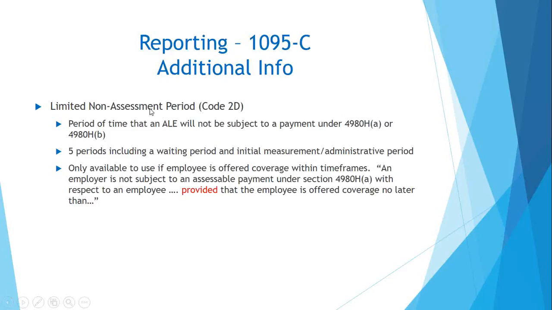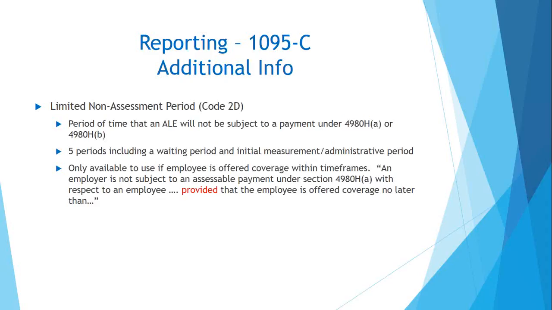So I've talked a lot about the limited non-assessment periods. There are 5 different periods that are considered a limited non-assessment period where you can use code 2D. The most common ones are the first month of employment, during a waiting period for benefits, during an initial measurement period, and an initial administrative period. All those time frames you can use a code 2D. However, there's always an exception with ACA.